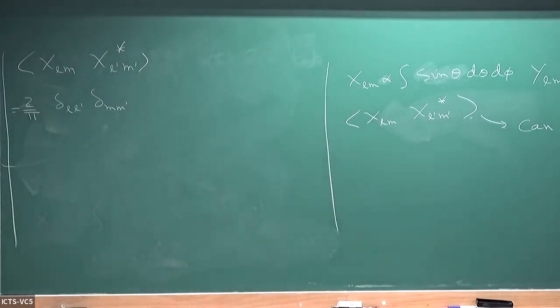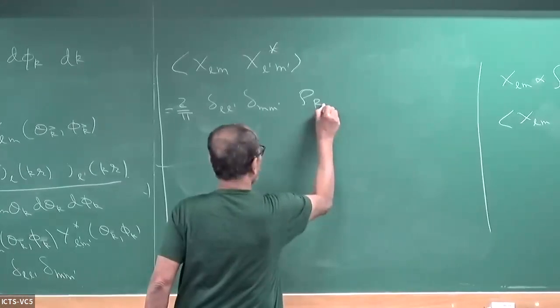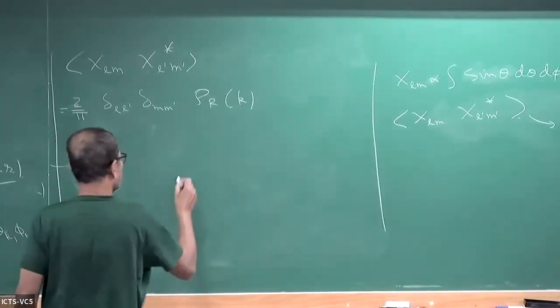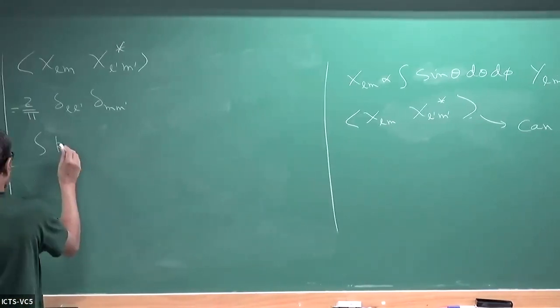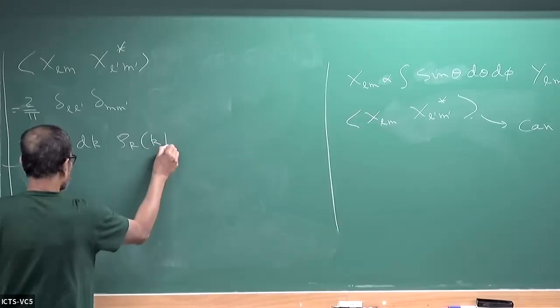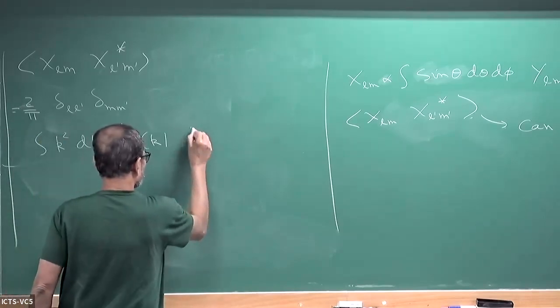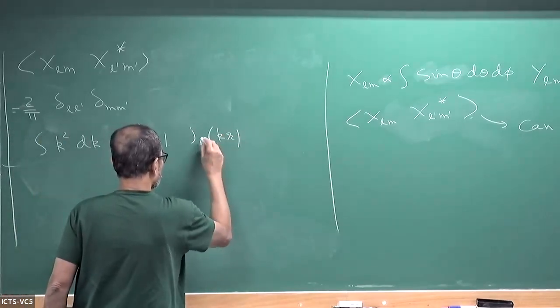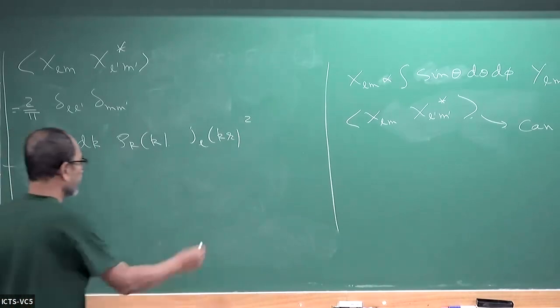Okay, so here we get 2 over pi delta LL prime delta MM prime, and then P_R of k. Sorry, this is inside the integral. Integral k square dk, P_R of k, |f_k| square.